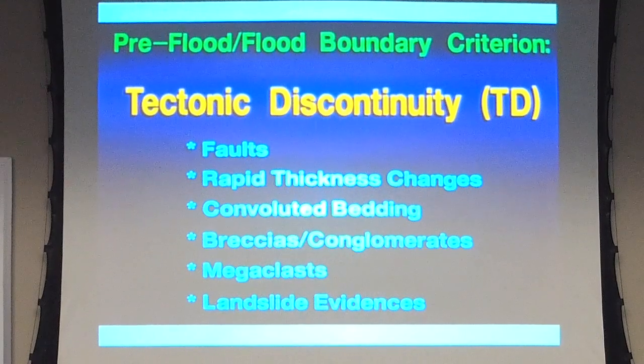associated with some of these rocks, breccias and conglomerates, which would argue tectonics, and big megaclasts. A megaclast is huge rocks, huge blocks. In other words, landslide blocks and things like that, and all kinds of other landslide evidences. So that's the tectonic discontinuity.